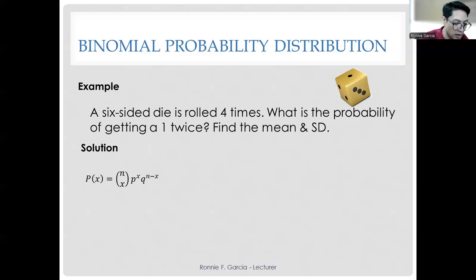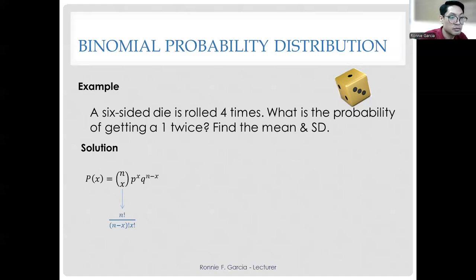So we simply plug in the correct values. Here, our n is equal to 4 because we are going to do the trial 4 times. X is equal to 2 because we desire to get a value of 1 twice. So twice means 2 times. So the value of x is equal to 2.